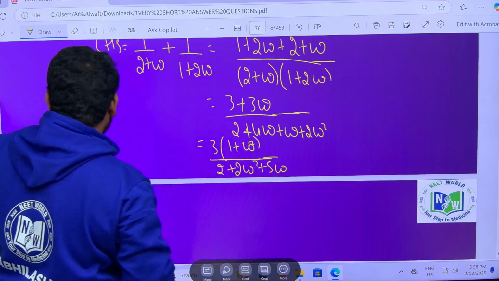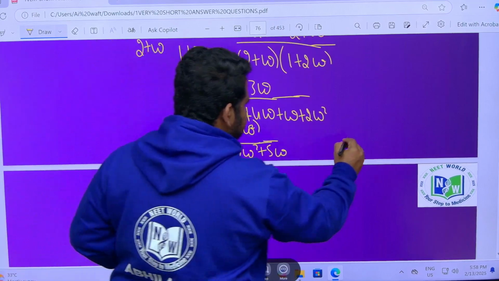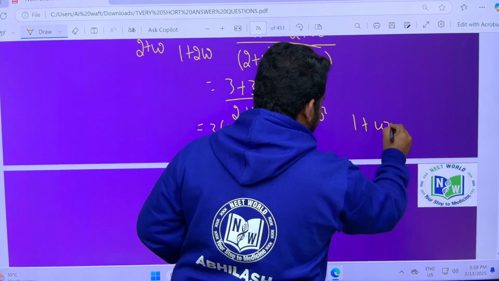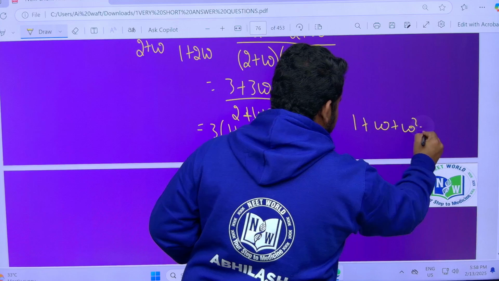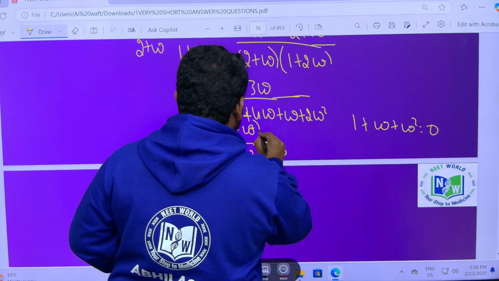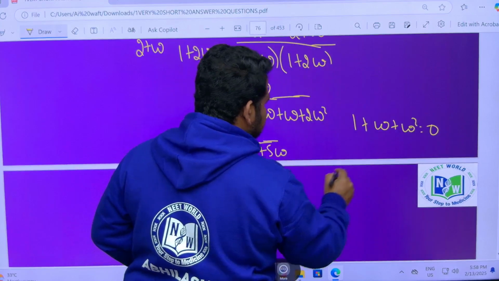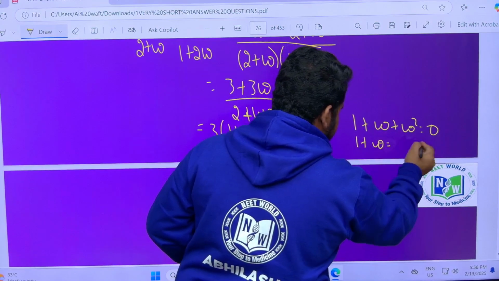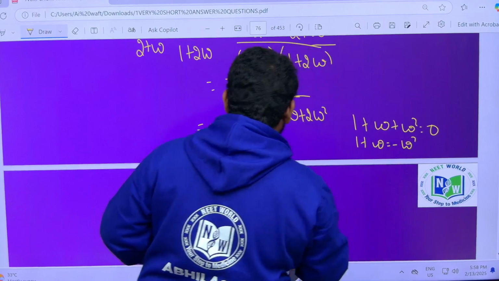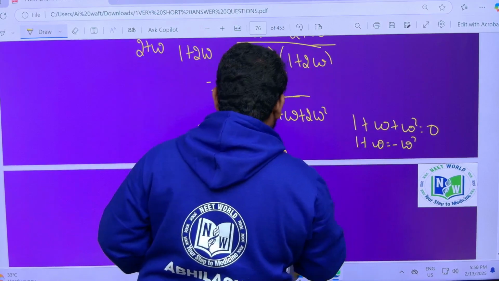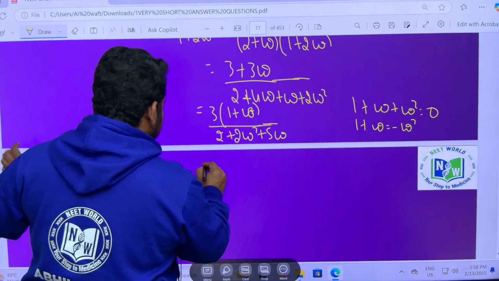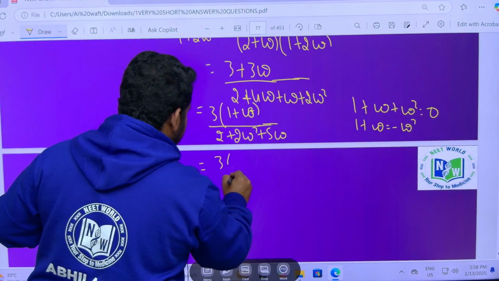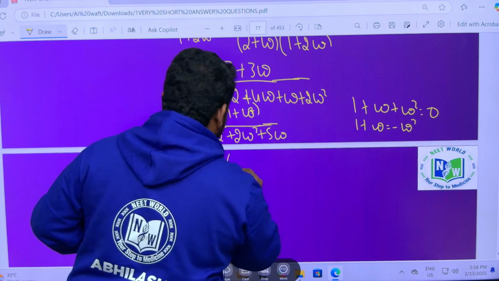Now see here friends, we know by the property of cube roots of unity that 1 plus omega plus omega square is equal to 0. Here we have 1 plus omega. Sending it this side, 1 plus omega will be equal to minus omega square.